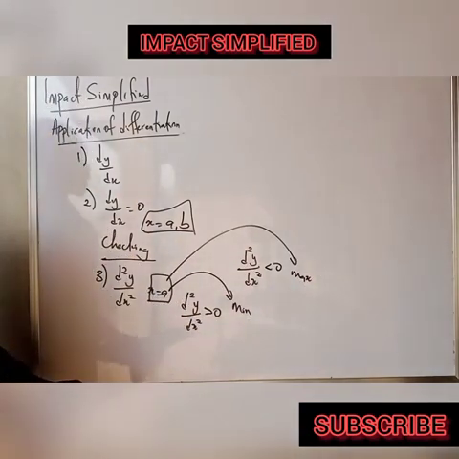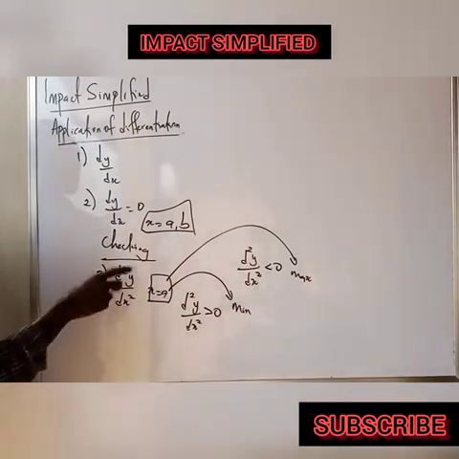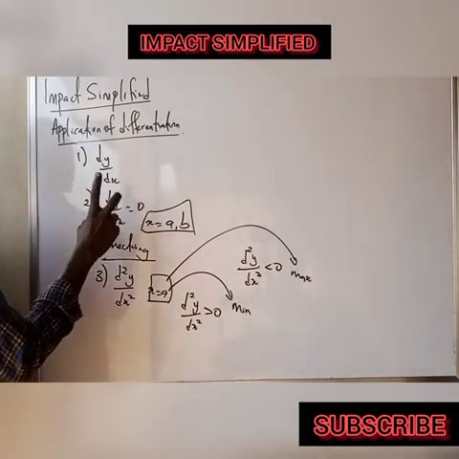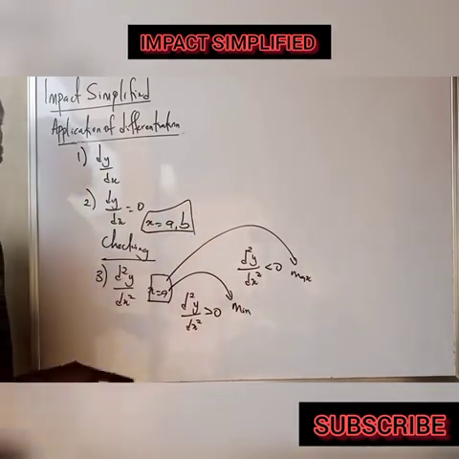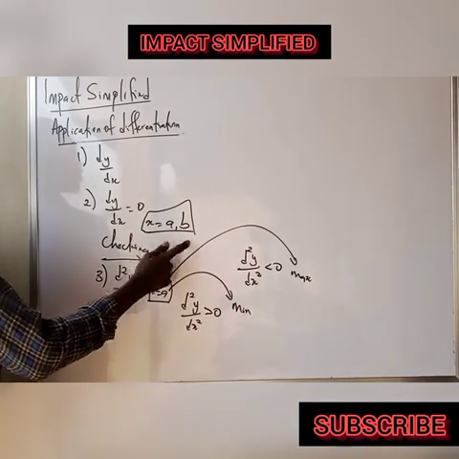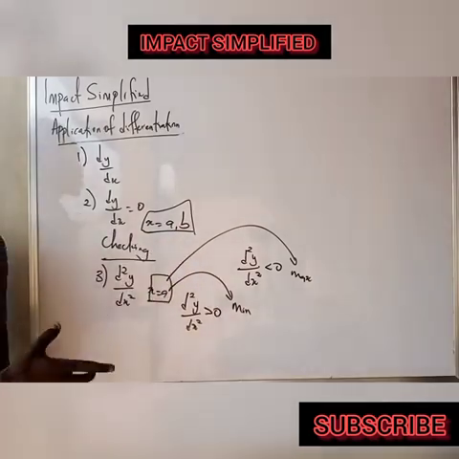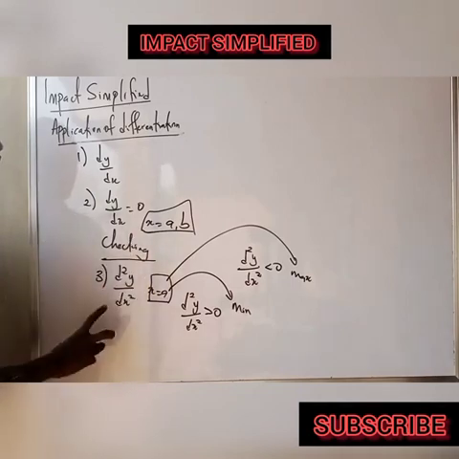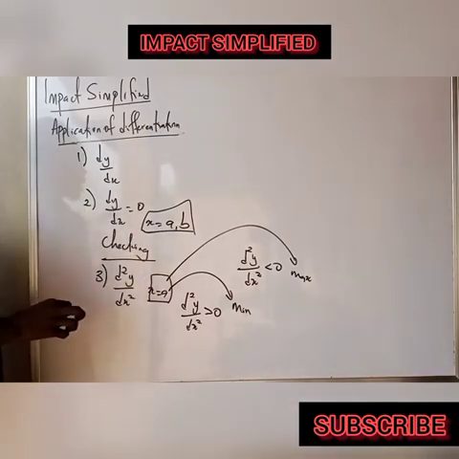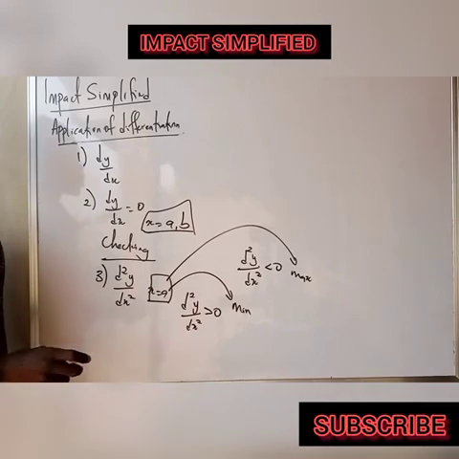It's simple. Let me explain again. You differentiate, you equate it to 0. After equating it to 0, you have two answers. When you have two answers, these two answers cannot be the maximum, and it cannot be the minimum. So that means you need to check. And for checking, you have to find your d squared y over dx squared. After finding it, just insert a value of x.